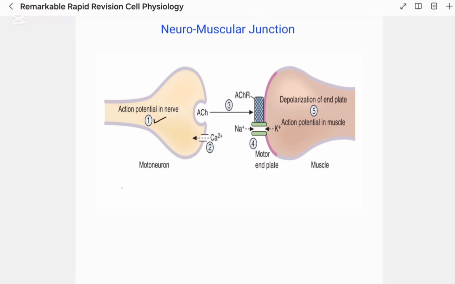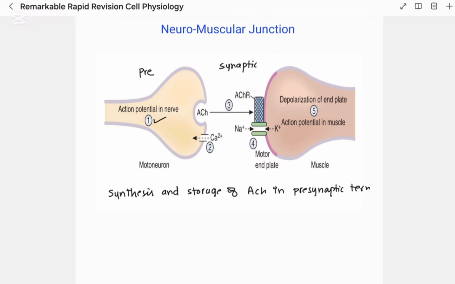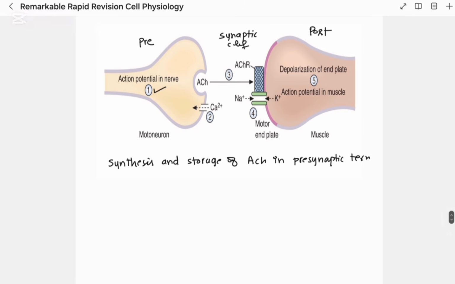So first of all, there will be a synthesis and eventually storage of acetylcholine in the presynaptic terminal. So this is presynaptic terminal, this is synaptic cleft, and this is postsynaptic terminal. So first step, there will be a synthesis and storage of the acetylcholine in the presynaptic terminal.